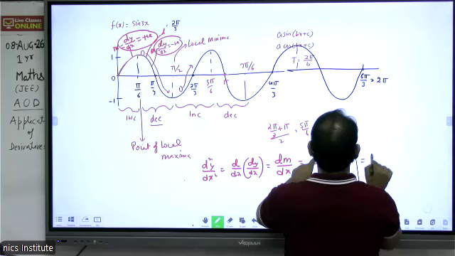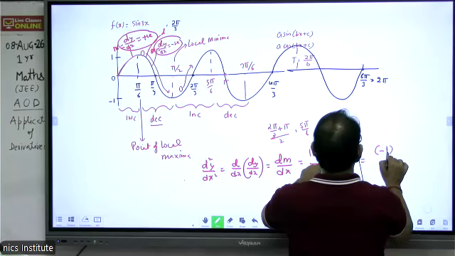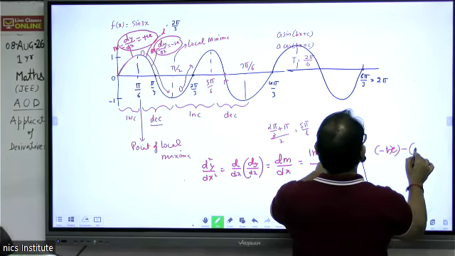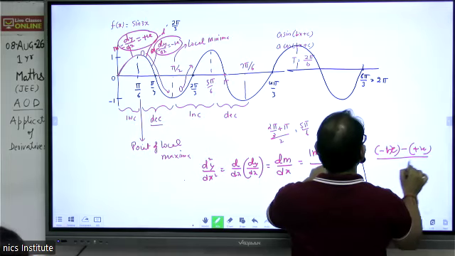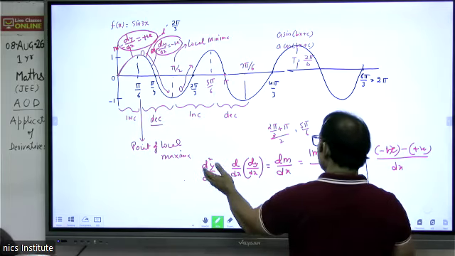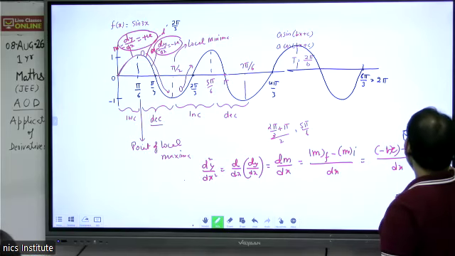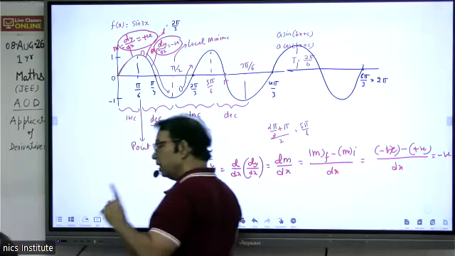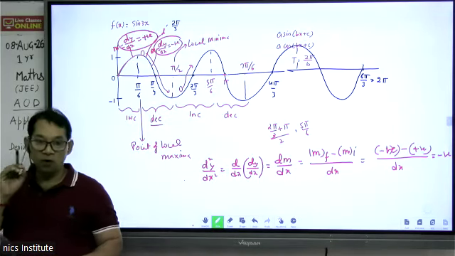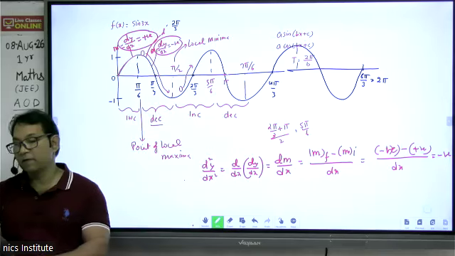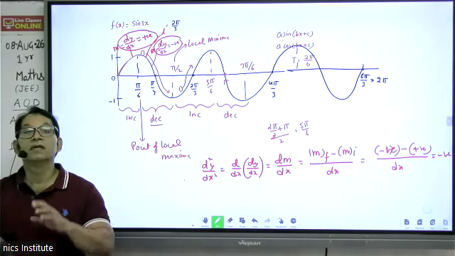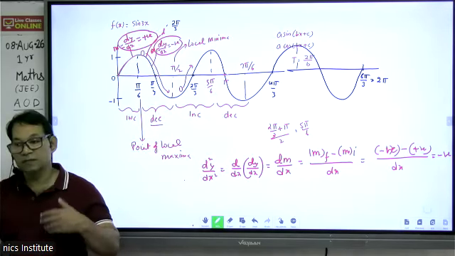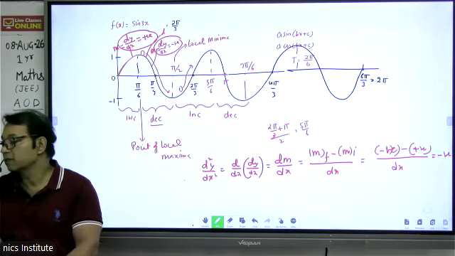Final slope is negative. Initial slope is positive. That means what will be the sign of the second derivative? It will be minus. So that is the reason that at the point of local maxima, the second derivative is negative, because second derivative means change in the slope with respect to dx.